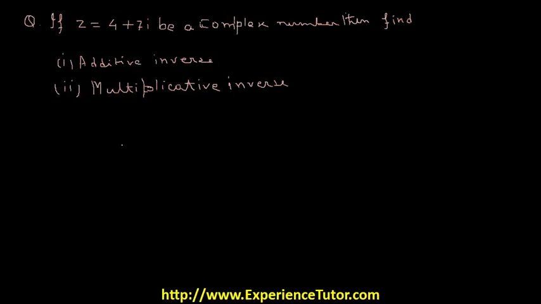Here we have a question. If z is equal to 4 plus 7i be a complex number, then find the additive inverse and the multiplicative inverse.